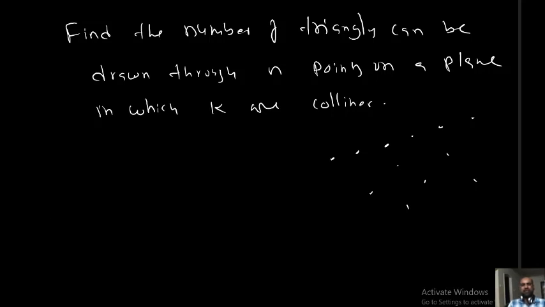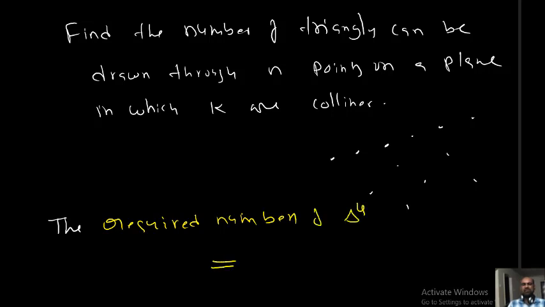The required number of triangles equals, from n selecting 3. But what happened in this counting, I counted this triangle also, a triangle with area 0.